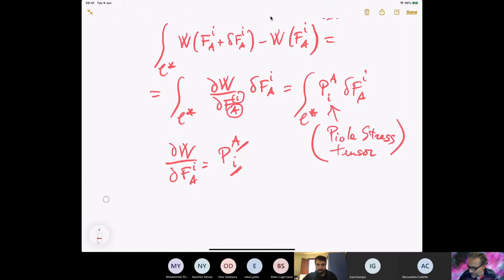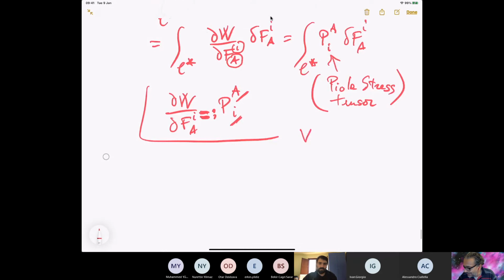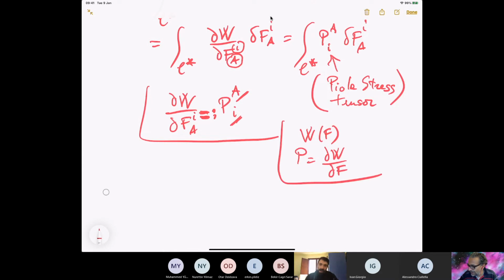And this is the definition of Piola stress tensor. So when you have given W of F, P is equal to dW over dF, using a little bit more ambiguous but compact notation.